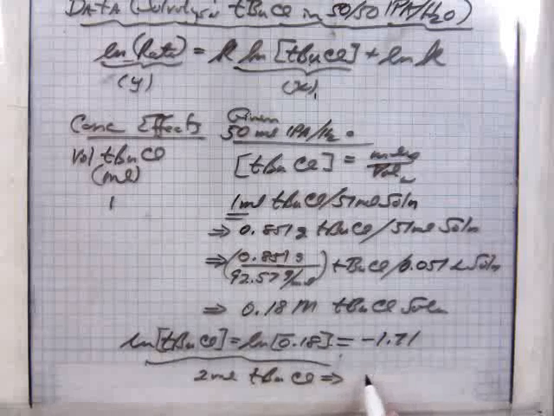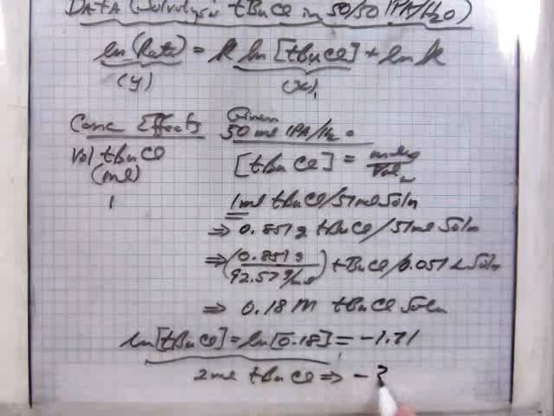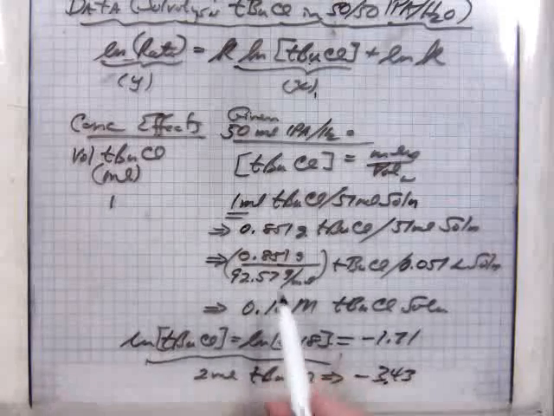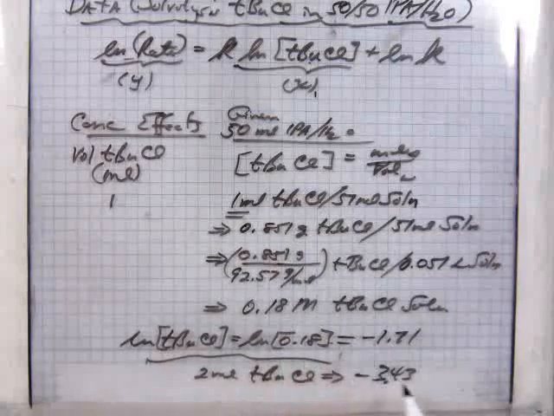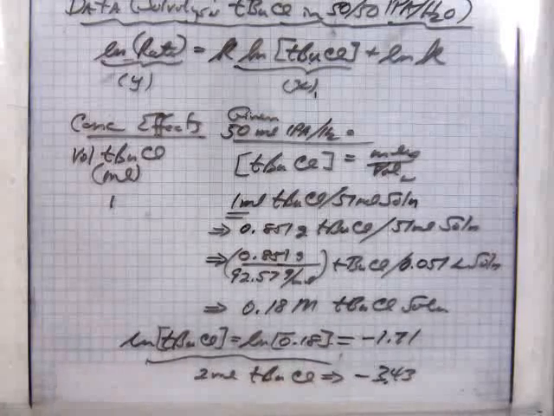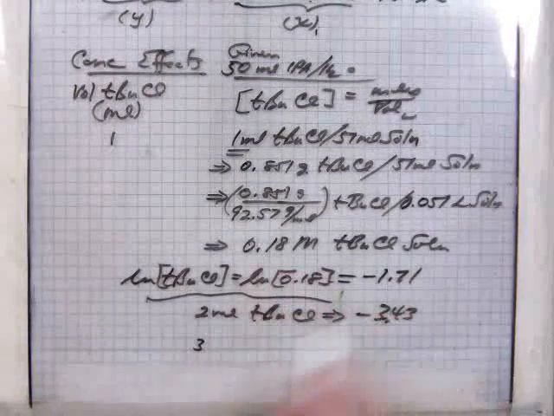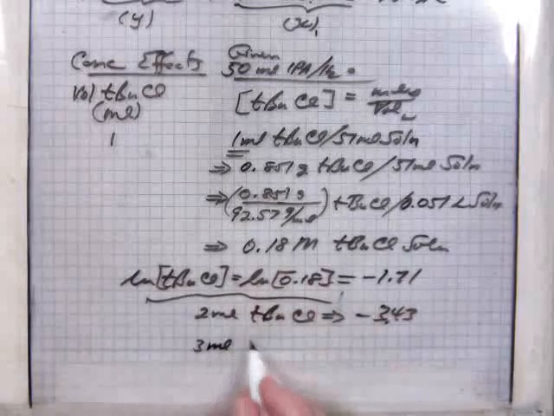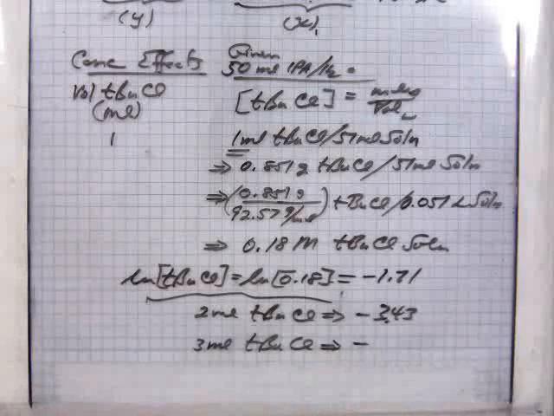So a minus times 2 is a minus 3.43, because you're going to be putting 2 mils and 50 mils, that's 52 mils, so you're dividing by a little different number, but it's pretty close to that for what we're doing. And then 3 mils would be 3 times that, minus 5.13.